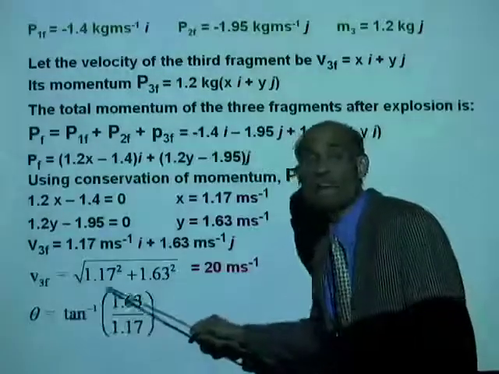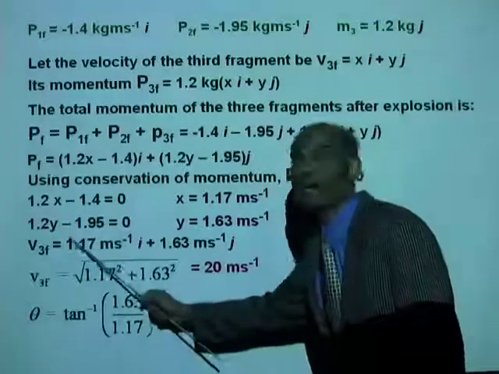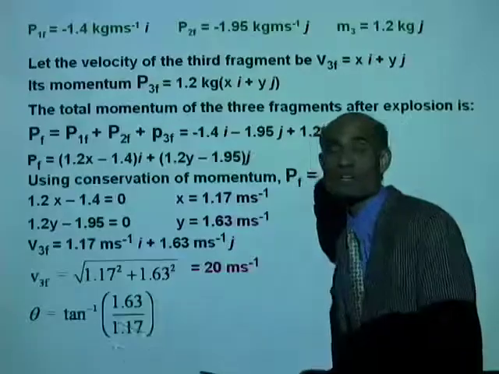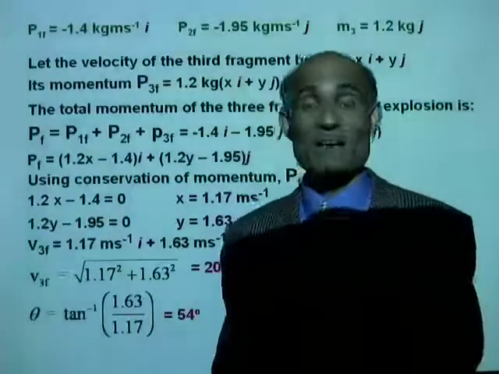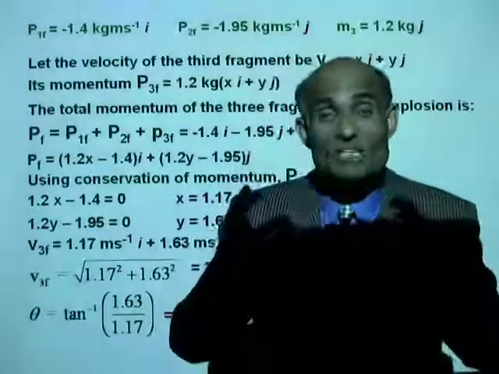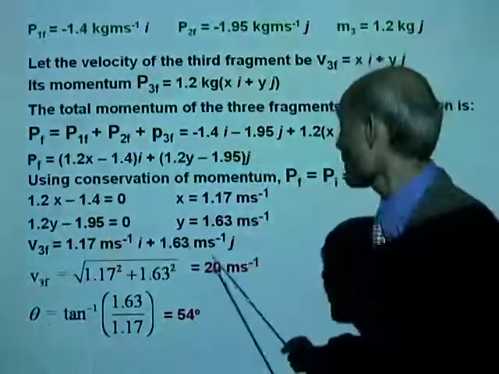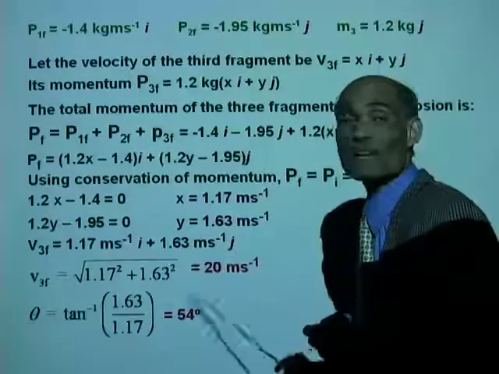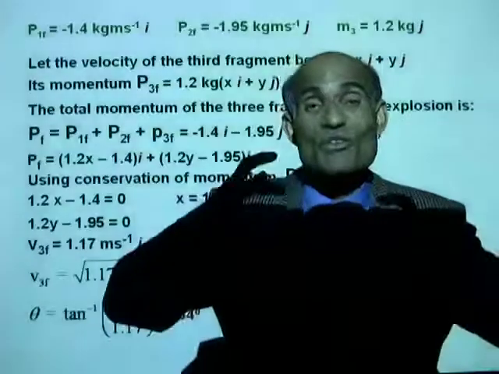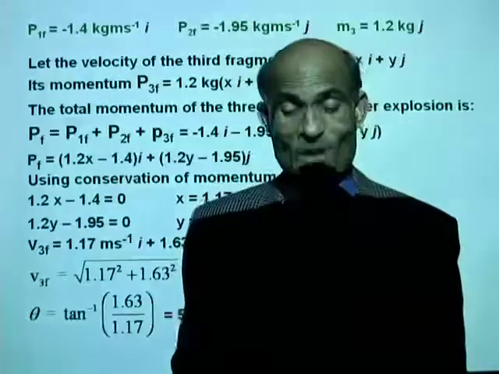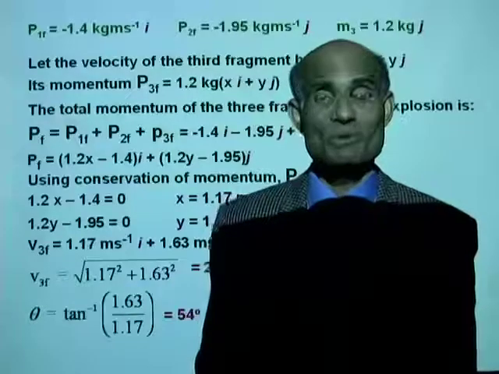Theta is tan inverse of y is 1.63, x is 1.17, and that is 54 degrees. That means after the explosion, the third piece will move with a velocity of 2.0 meters per second at an angle 54 degrees, so that the total momentum of the three pieces after the explosion is 0.